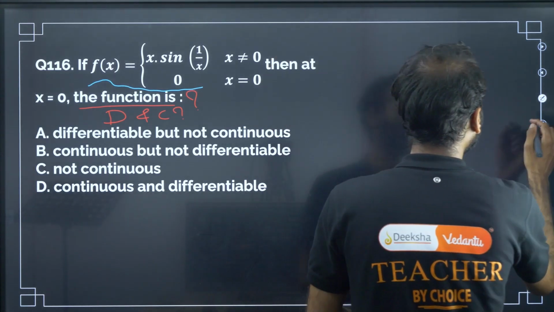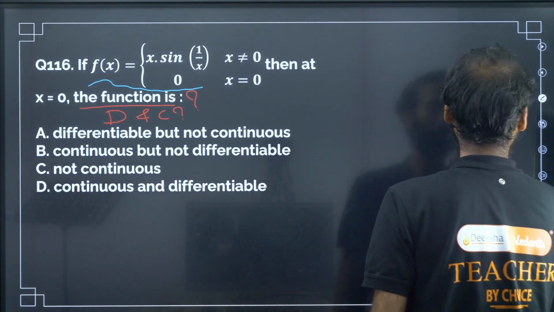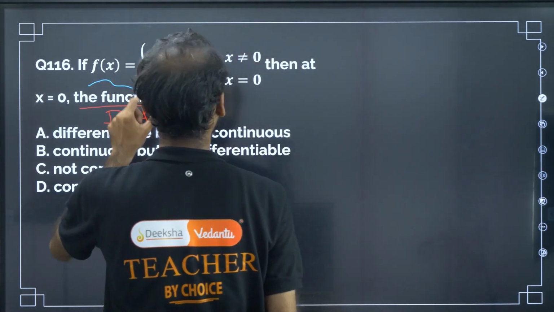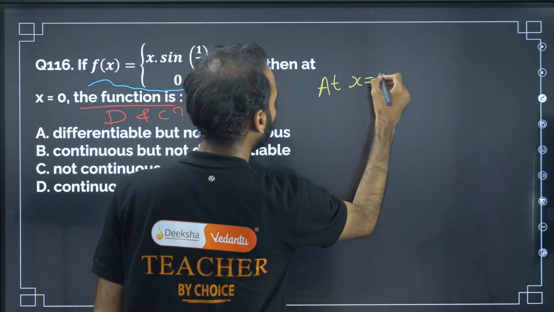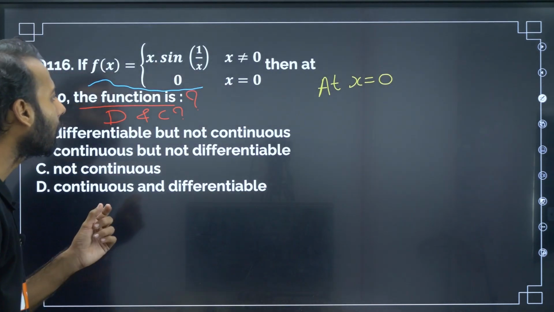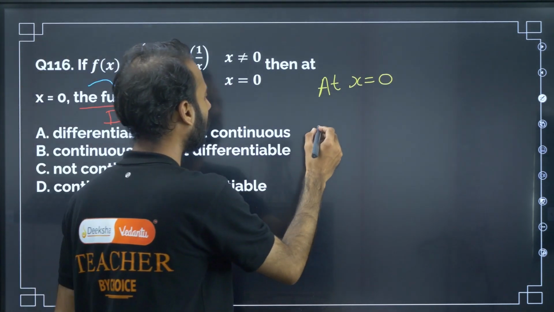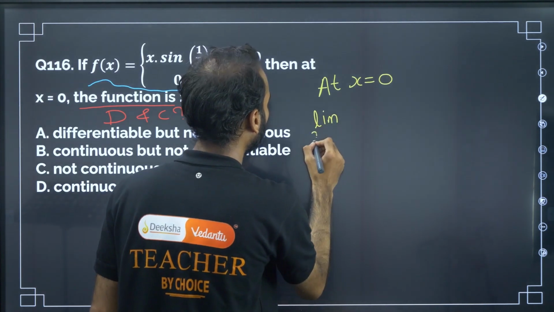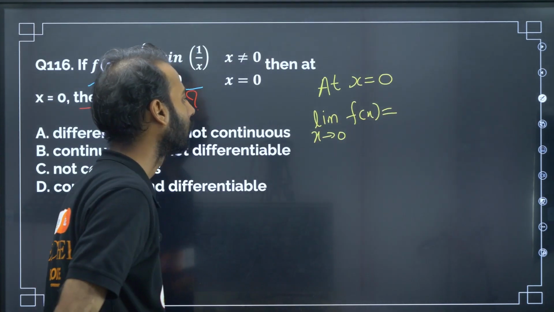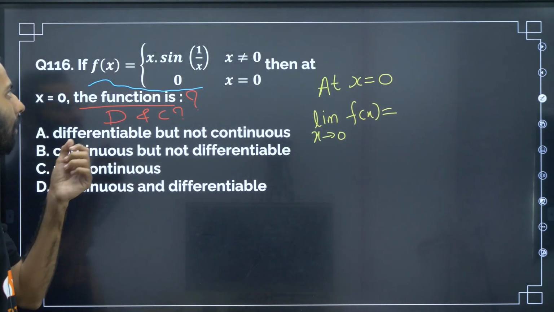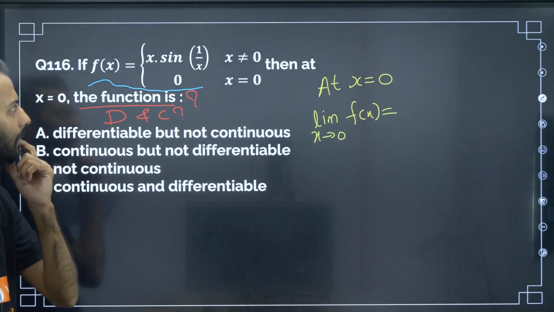So first we'll start with continuity, at x equal to 0. I'll apply the limit to this function. Limit x tends to 0, f of x is equal to limit x tends to 0 of the function they have given.